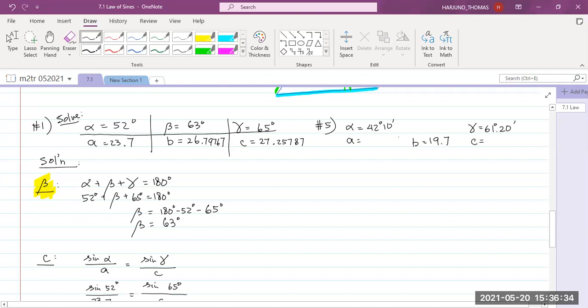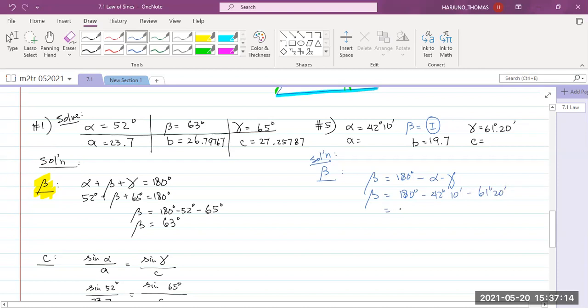Okay, now using the 180 degrees angle sum, I can find angle beta, right? So I just do some fast scratch work here. So beta will be 180 degrees minus alpha minus gamma. That's 180 degrees minus 42 degrees 10 minutes minus 61 degrees 20 minutes.